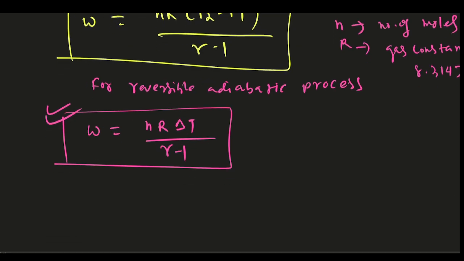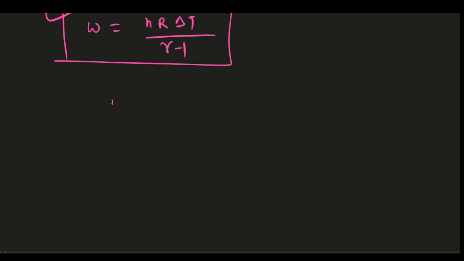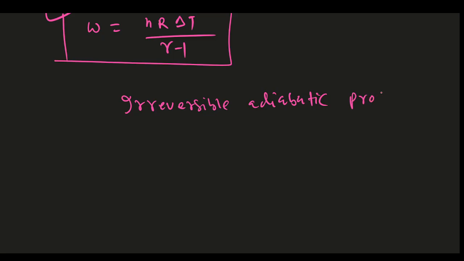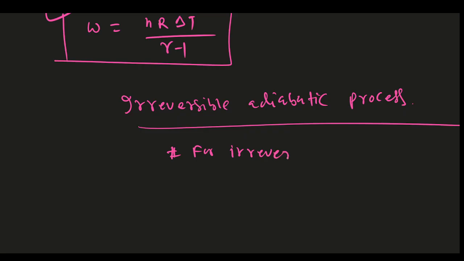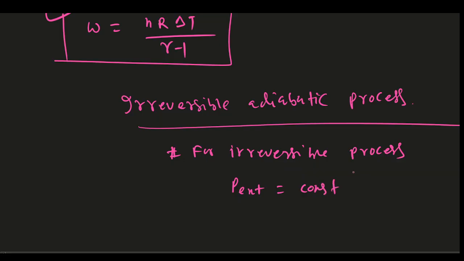And if he asks for an irreversible adiabatic process, so for that, for an irreversible process, we say that P external is constant. That we say, for an irreversible process it is happening in one step.